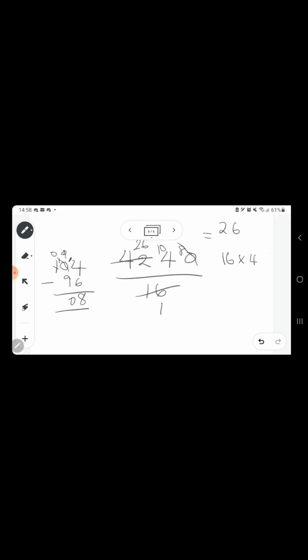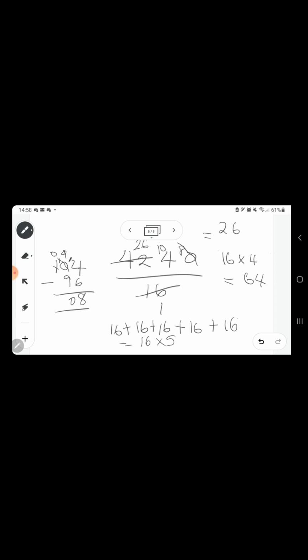16 times 4 I say is 64, because I know that 16 add 16 add 16, and if I go on like that, I'll put another one. Depending on the number of 16s that I count, it tells me that in multiplication it's 16 times, in this case, 1 2 3 4 5, 16 times 5.